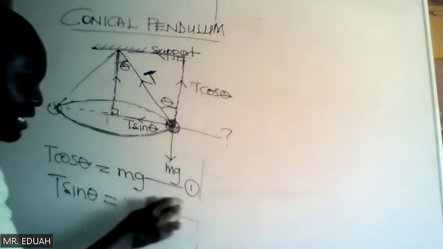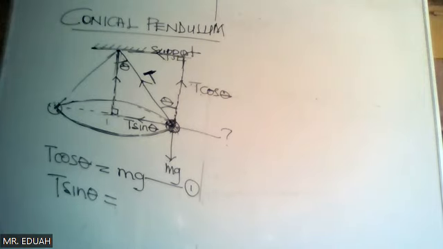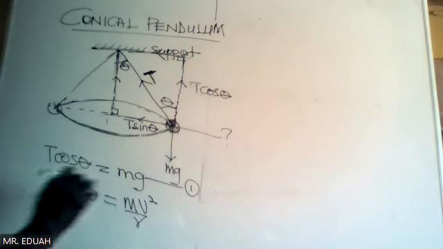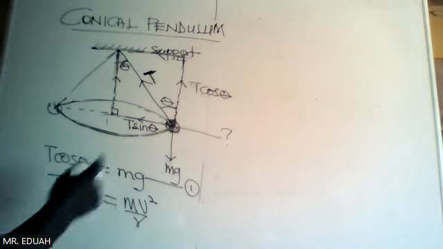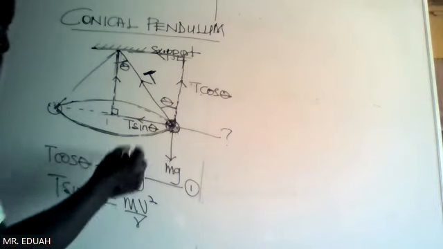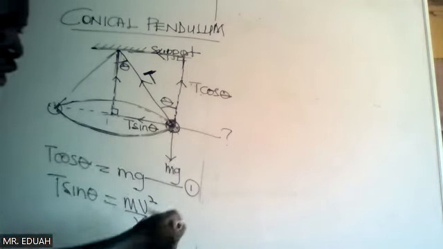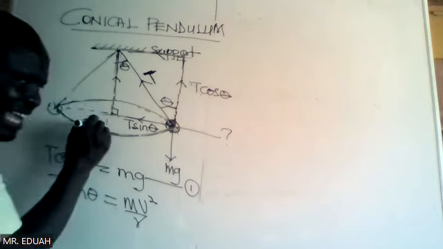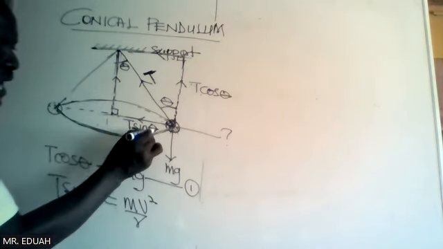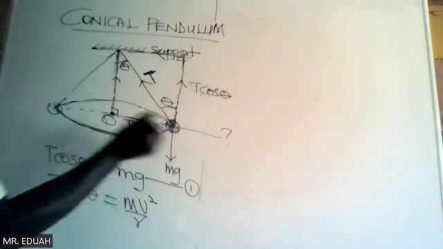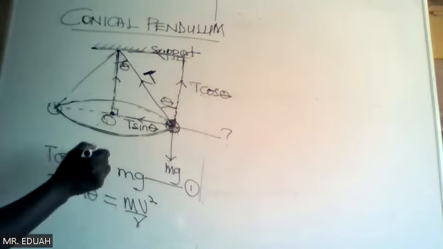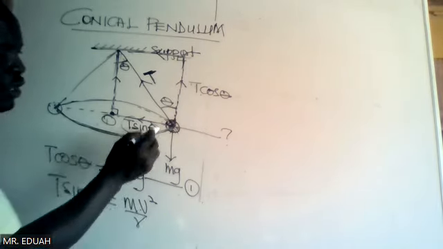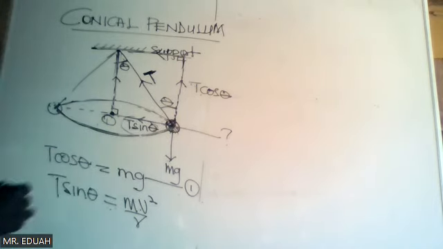And so we equate the unbalanced force T sine theta to the centripetal force which keeps the body in that circular motion. The force which keeps the body in circular motion is always directed towards the center, and the T sine theta is also directed towards the center of the circle.